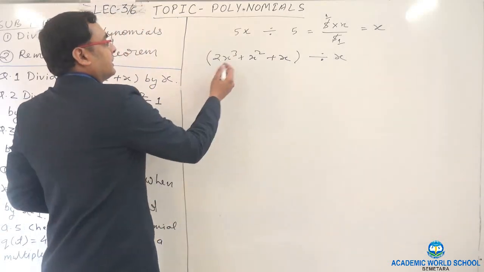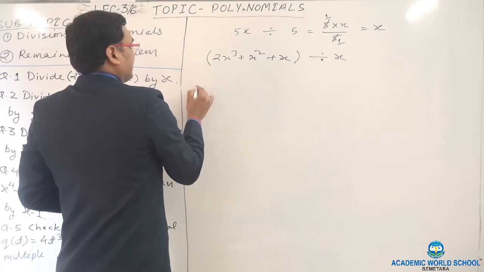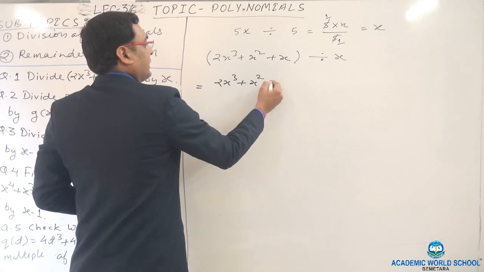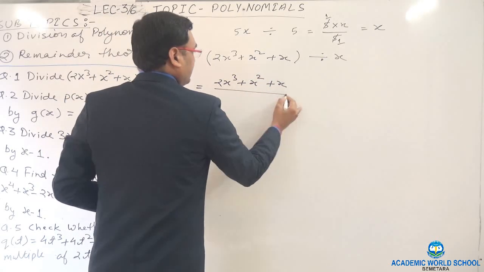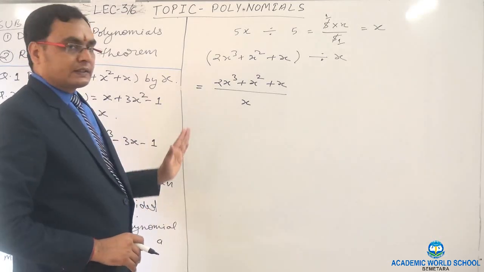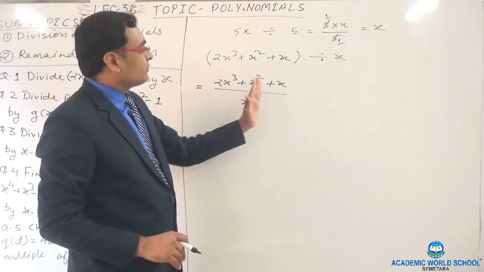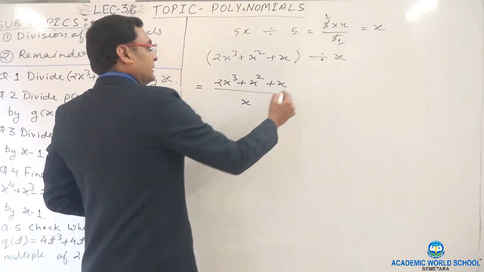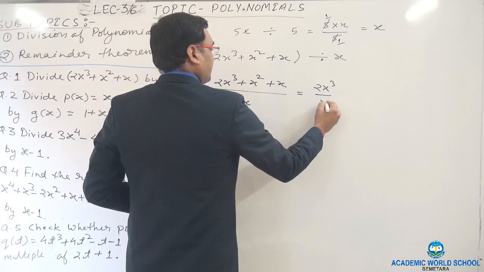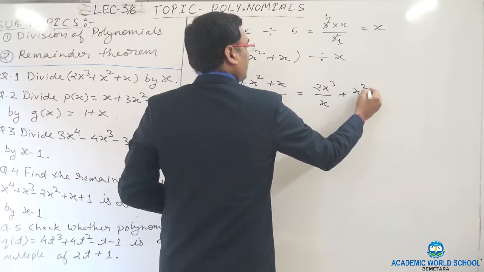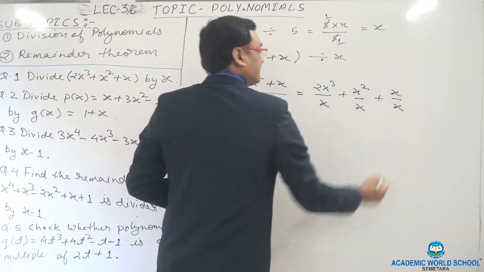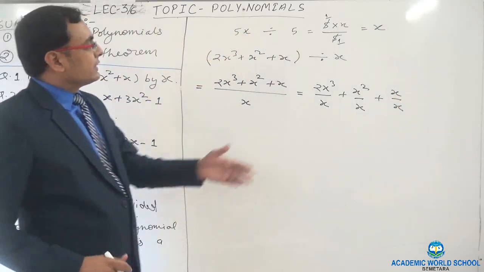Look here. We can write it like this: 2x cubed plus x square plus x upon x. And this x will be divided into each of these terms separately, like this: 2x cubed upon x plus x square upon x plus x upon x. Solve it further.